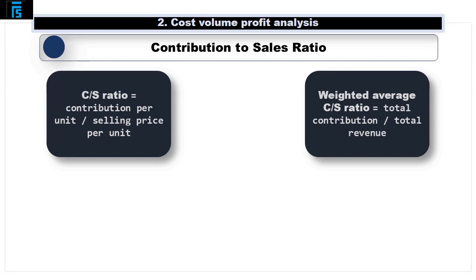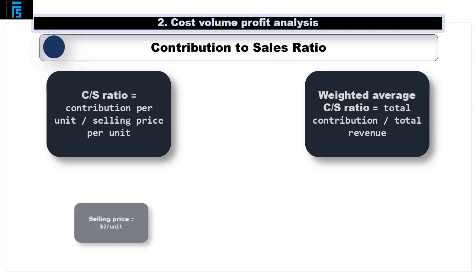covering all products. The CS ratio tells us how much of our revenue is converted to contribution to cover our fixed costs. The higher the CS ratio, the better, as this means that we are generating a higher contribution per dollar of revenue.